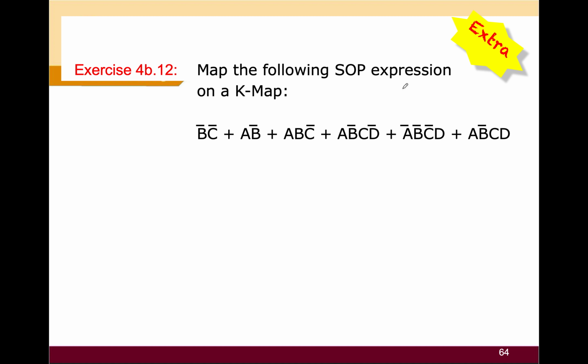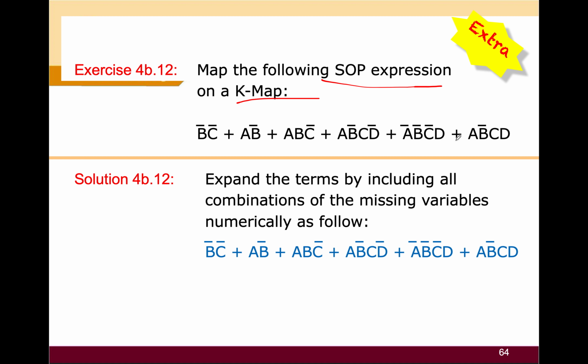Map the following SOP KMAPs to SOP expressions on a KMAP. So it's simple like this, and only this you have 4 possibilities, but this part you need to make it the first one, A, B. So there are another 2 possibilities, which is 0, 0.